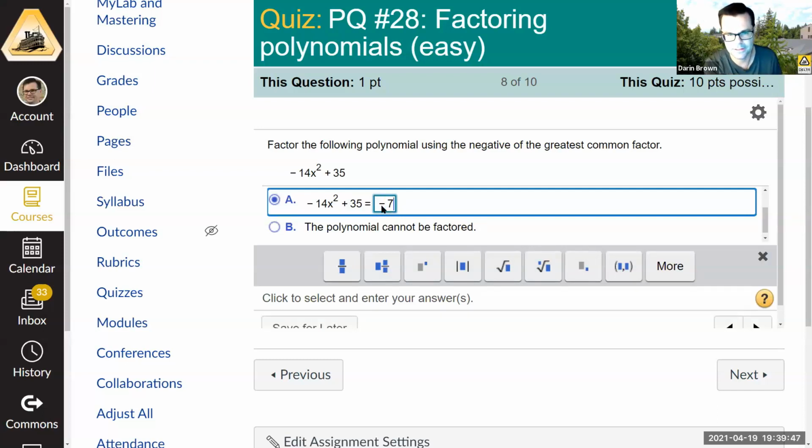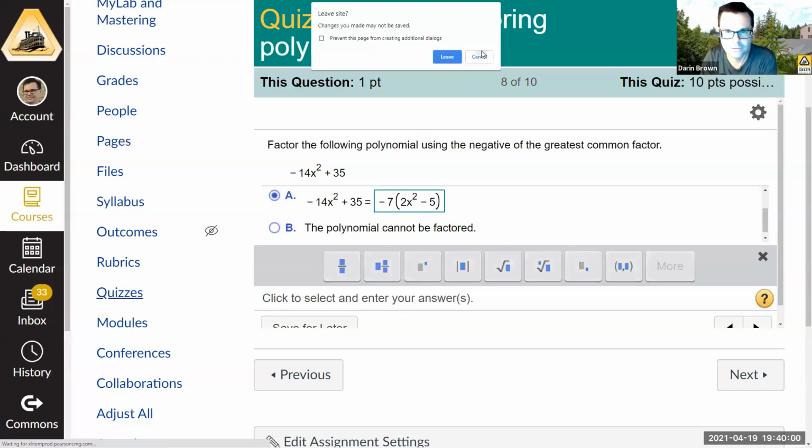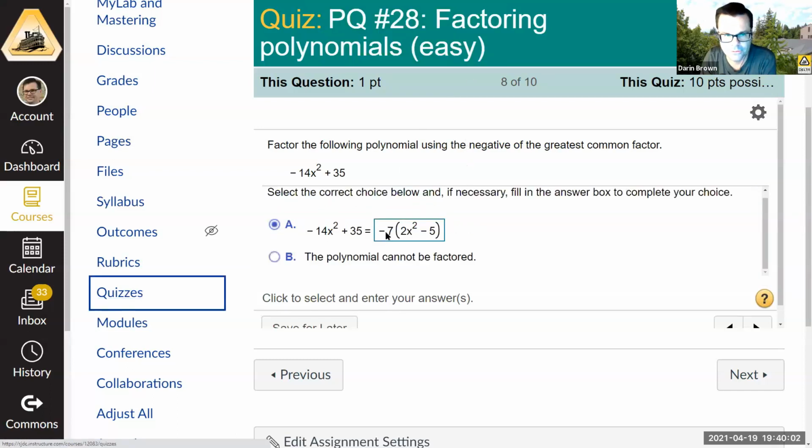So we could factor out -7. And we're going to be left with 2x squared minus 5. Right? So if you distribute this through, you would get minus 14x squared plus 35. So it's just factoring out the GCF of -7.